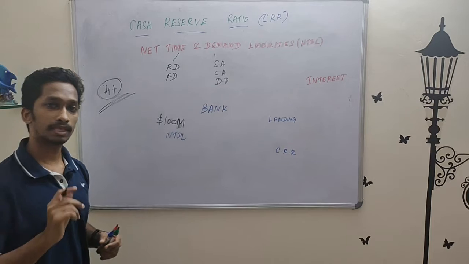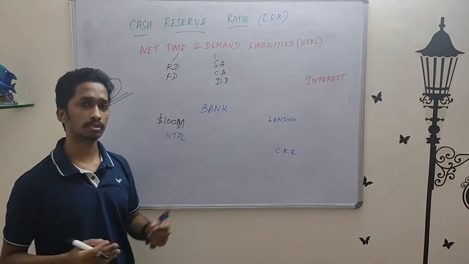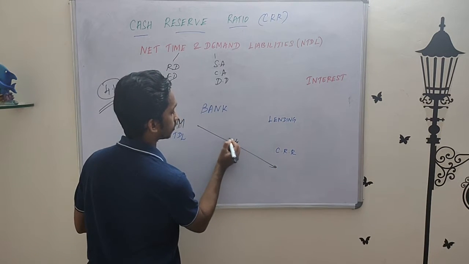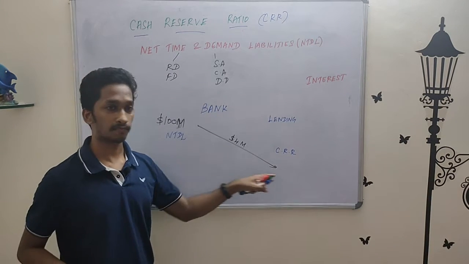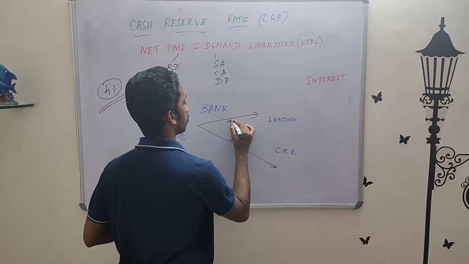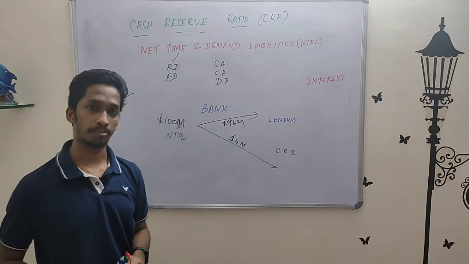When CRR is 4%, how much would the bank have for CRR and for lending purposes? Pretty easy. The bank would save up $4 million for CRR and would lend the remaining $96 million for its lending purposes.